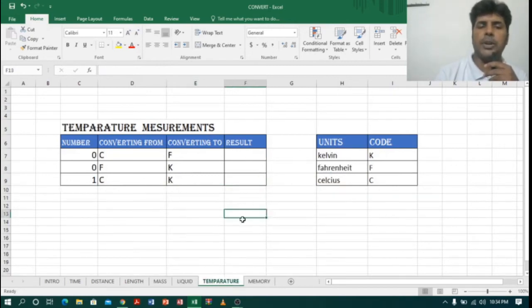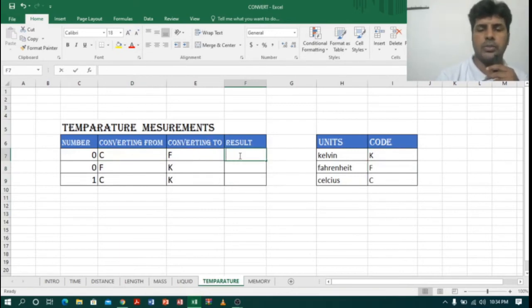We have temperature here. The difference between the others and temperature is that for temperature we use capital letters. You can see all the codes are in capital letters. Let us start with Celsius. Now I will convert Celsius into Fahrenheit.